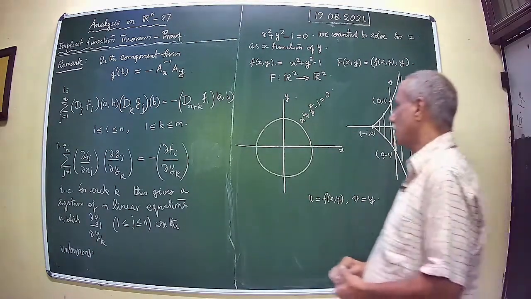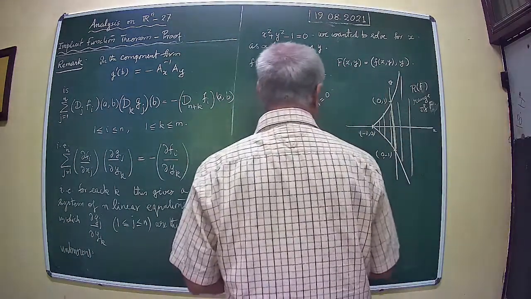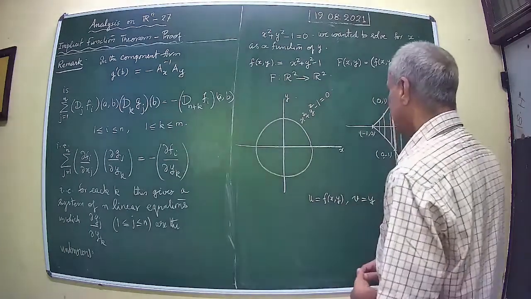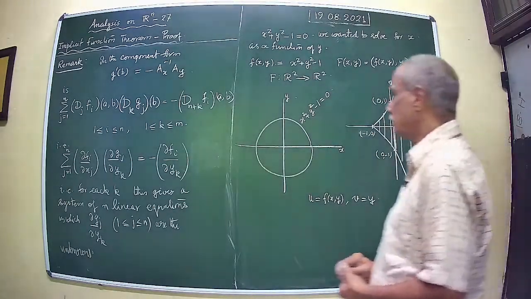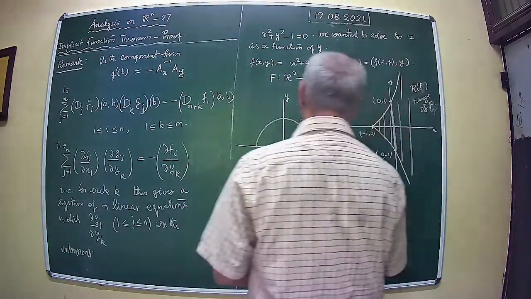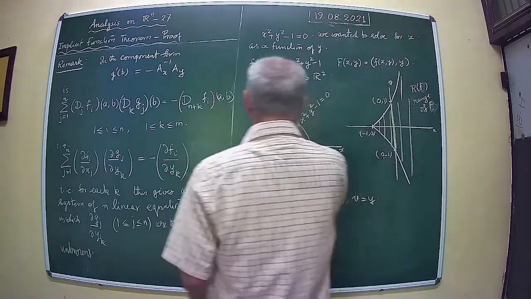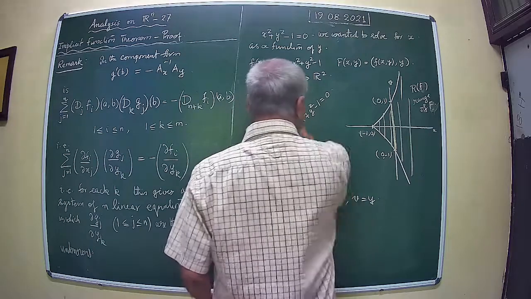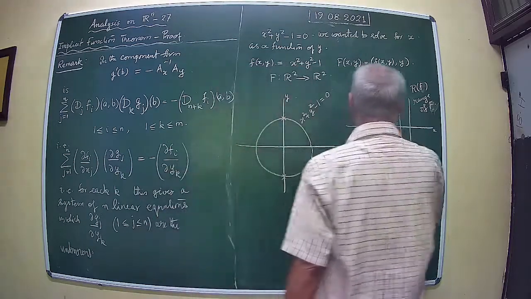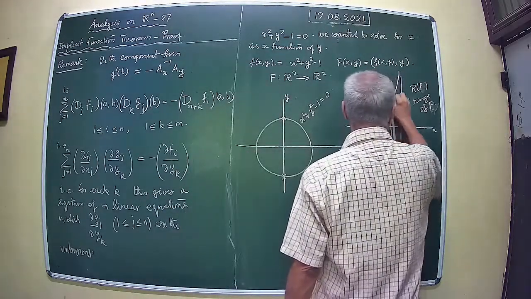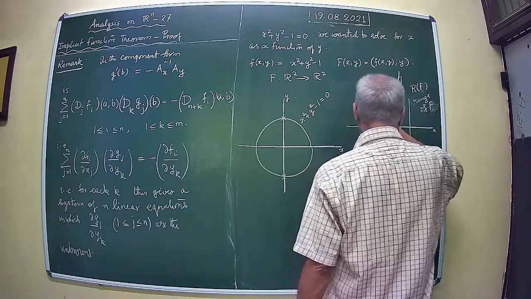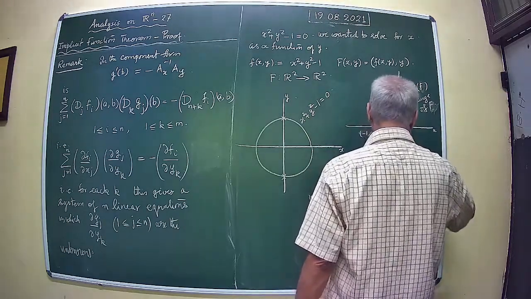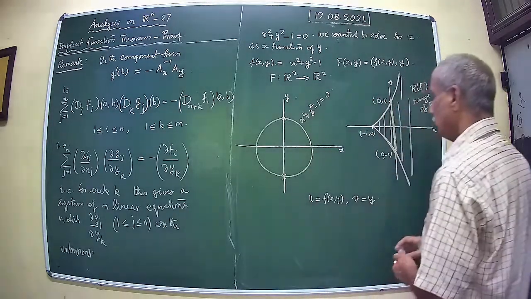Okay, and you can specifically see that the trouble that you have is at these points. In fact, this whole line maps to this and this one. This is the image of the y-axis.